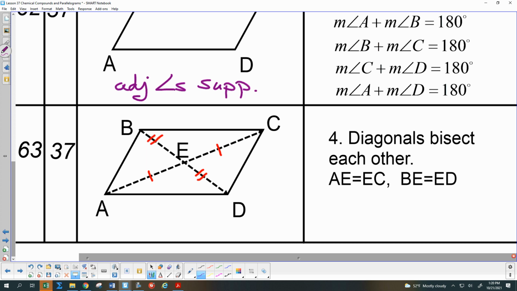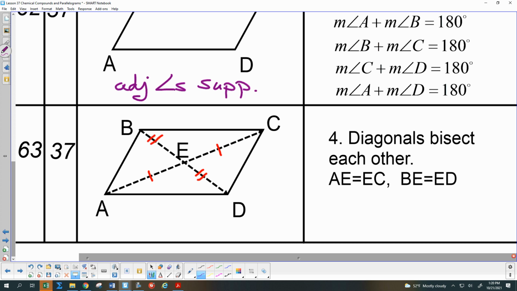If I take the two pieces of AC to the left and to the right of E, those two pieces are congruent. If I take the two pieces to the left and the right of E along BD, those two pieces are also congruent.